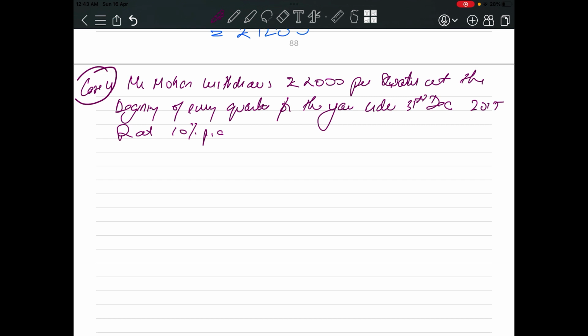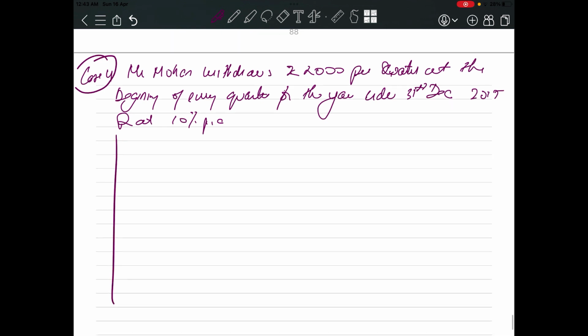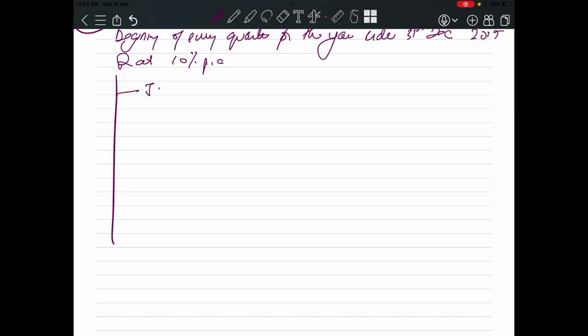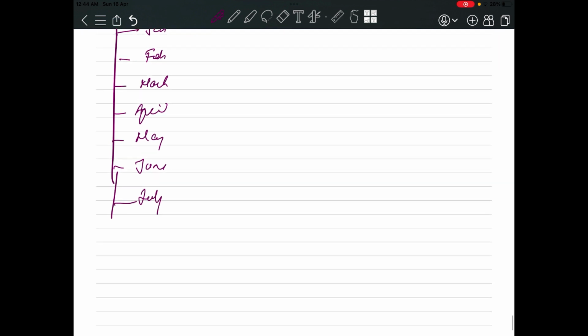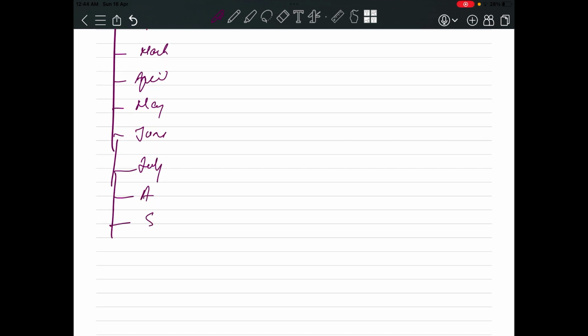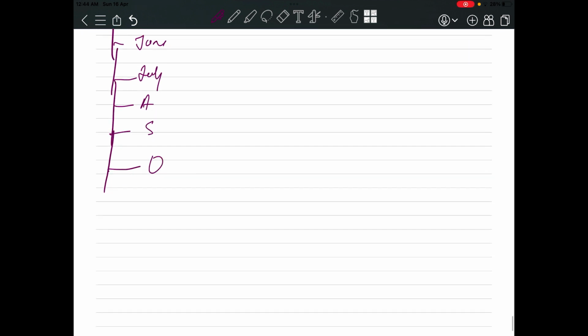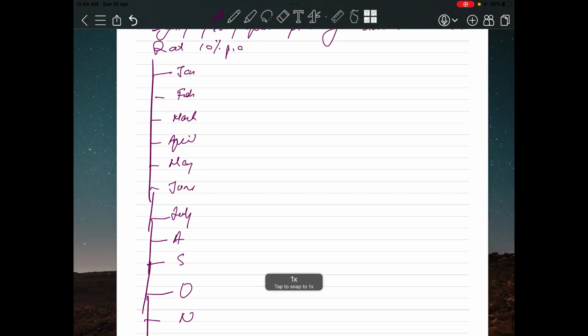Now again let's draw the timeline. This time we will do it in a different way. Jan, Feb, March, April, May, June, July, August, September, October, November and December.